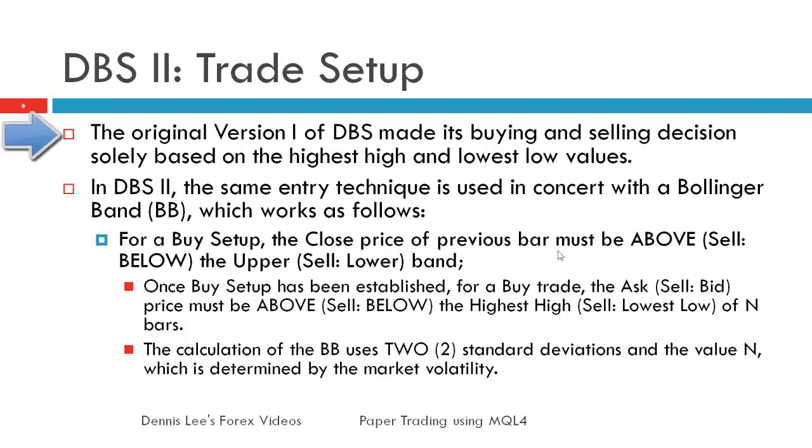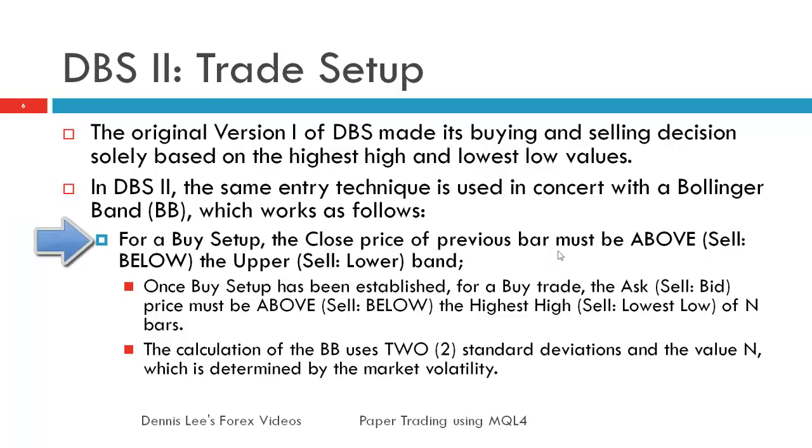The original version 1 of DBS made its buying and selling decision solely based on the highest high and the lowest low values. In DBS 2, the same entry technique is used in concert with a Bollinger Band, which works as follows.